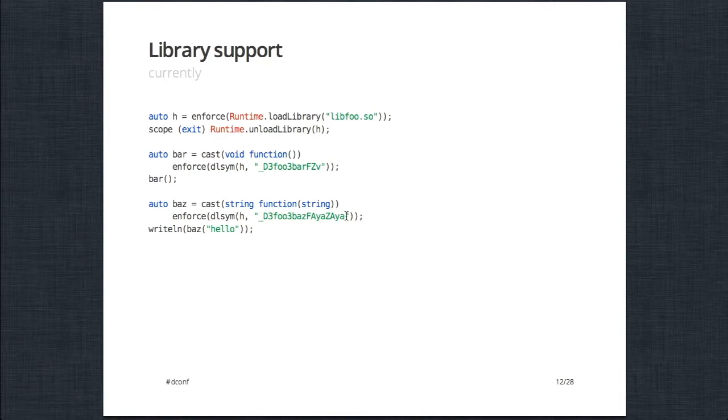And then the third problem is that you actually have to cast the functions to the function pointer type, and there's a redundancy here. You cast that function string, and at the same time you have to encode the type here. The mangling already contains the type, but there's no coupling between these two. And that's very, very unpleasant.